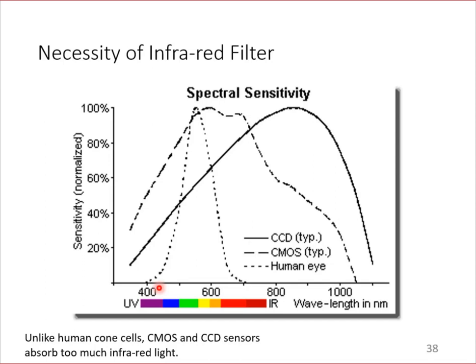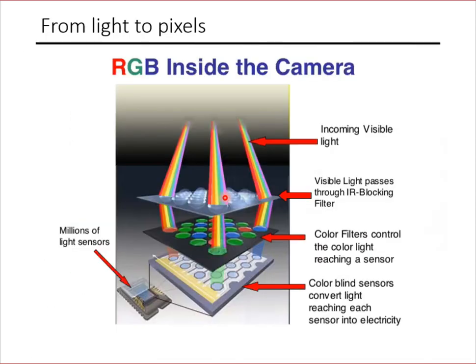But a sensor, in particular a CMOS image sensor, can sense a long range of infrared light. So if we want our camera to read images similar to our human vision, we need to reduce the sensitivity for the infrared. That's the reason we need an IR blocking filter.